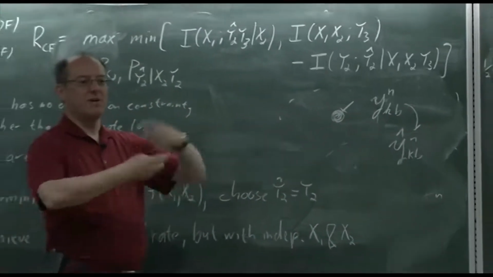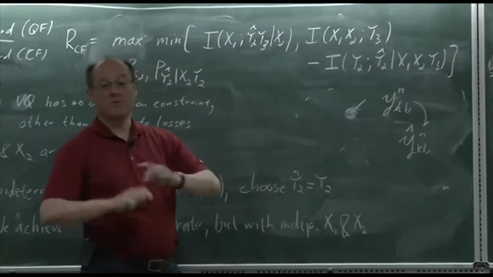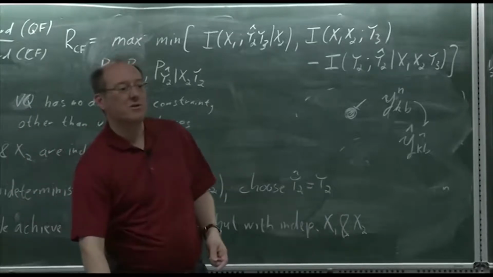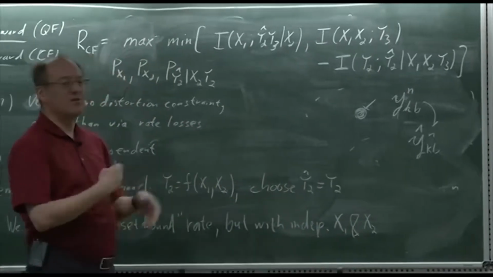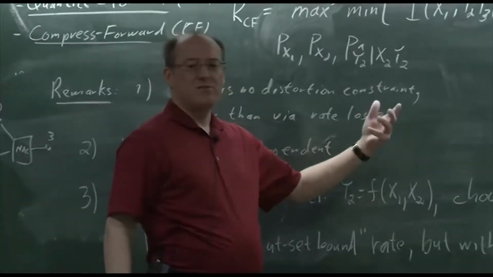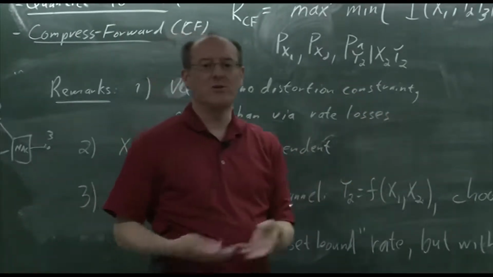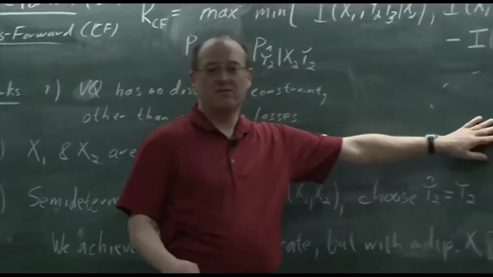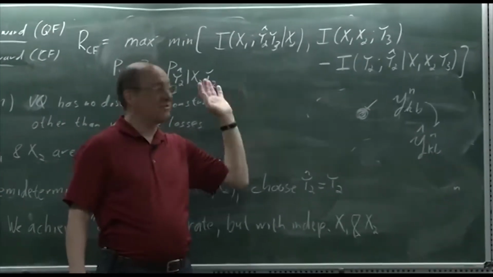And just keep going. Quantize forward, without knowing anything else going on in the network. So all the relay nodes can operate autonomously, and you can derive a rate region for this. This is today called noisy network coding, but that's the strategy. It's exactly what we saw here. It's the same thing.